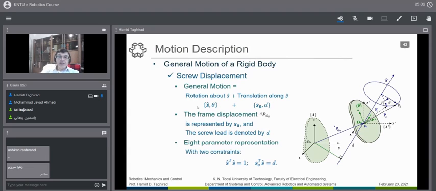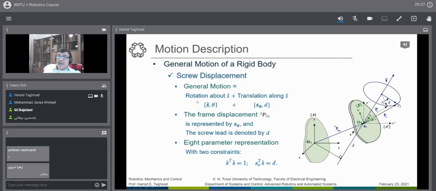This is the true meaning of the screw displacement. It means that a general motion consists of, please consider my point accurately, and I will explain that in Farsi as well, to make sure everybody understood that well.